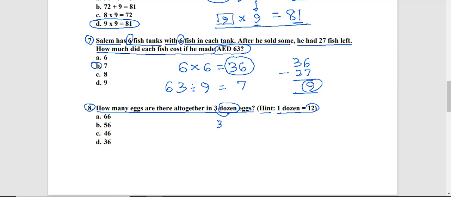That will be 3 multiplied by 12. So 12 in 3 places will give us 36, which is the same thing as 12 plus 12 plus 12. 2 plus 2, 4 plus 2, 6. And 1 plus 1, 2, 2 plus 1, 3.